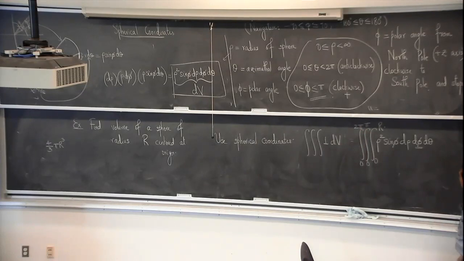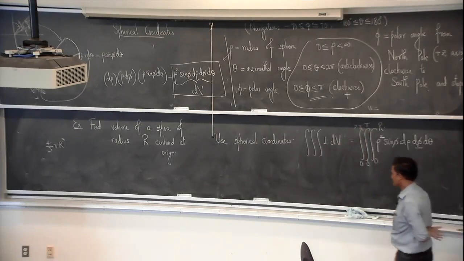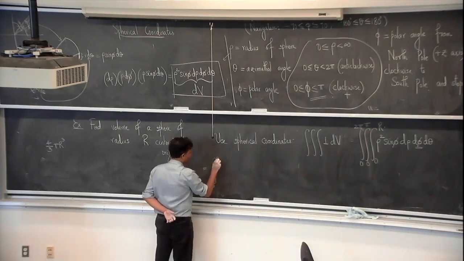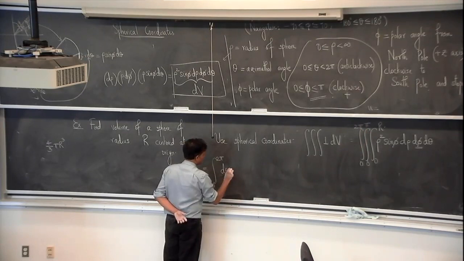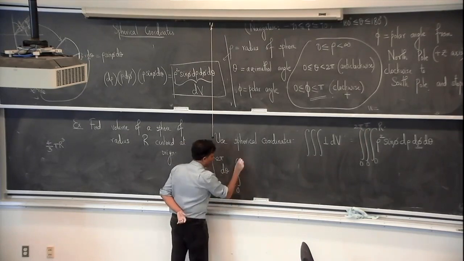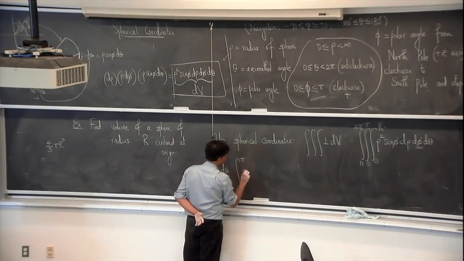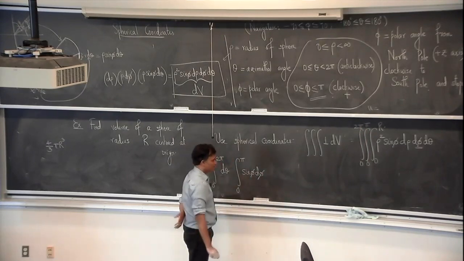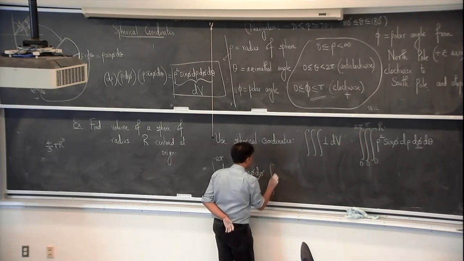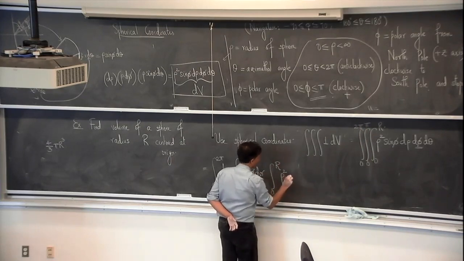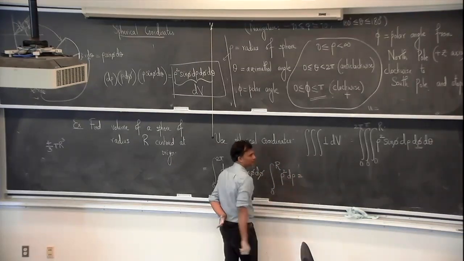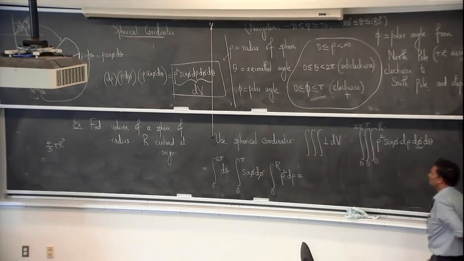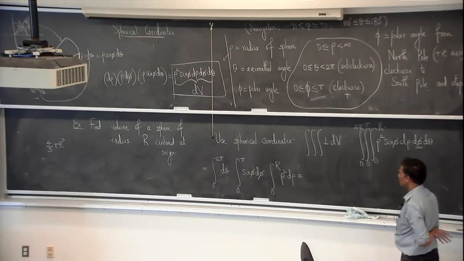Look at that, all of them are numbers. We could just separate them. So it's the integral from 0 to 2 pi d theta, times the integral from 0 to pi of sine phi d phi, times the integral from 0 to r of rho squared d rho. I told you math is easy.